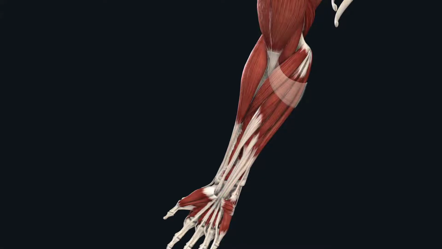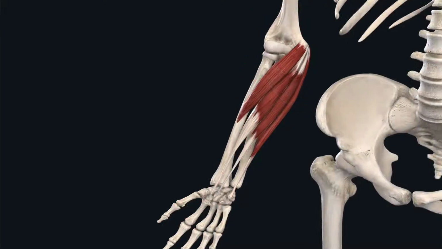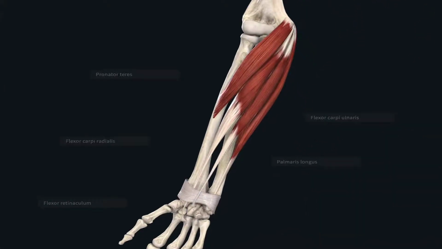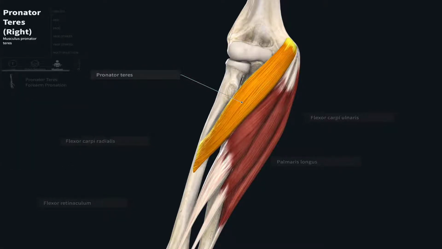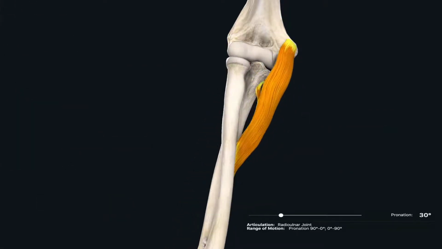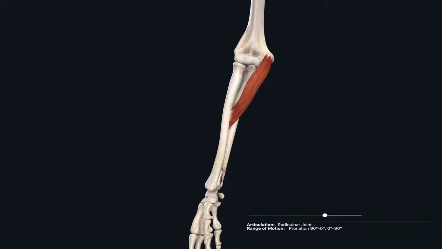Let's now take a closer look at the first or the superficial layer of the forearm flexors and follow this naming protocol. The first of these muscles is named the pronator teres, and as we would expect, the first word is the action and the last word is a descriptor. So this is going to produce pronation of our forearm by a round muscle, teres meaning round in Latin.